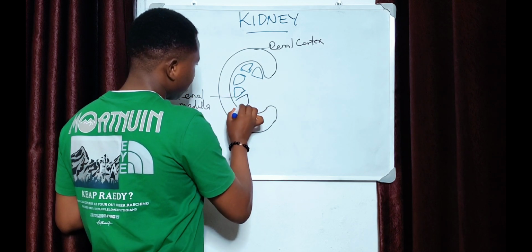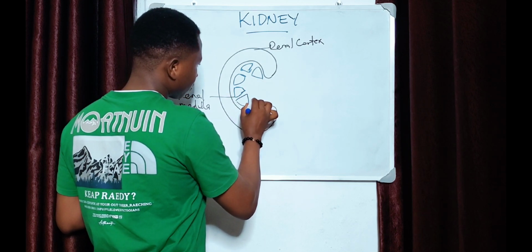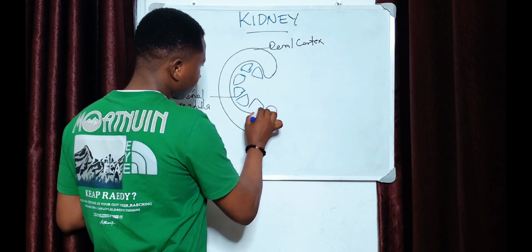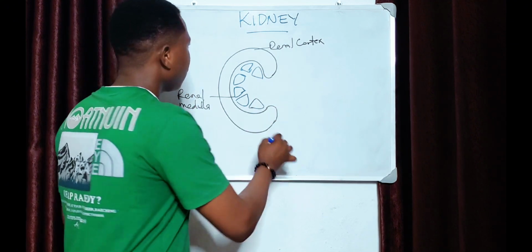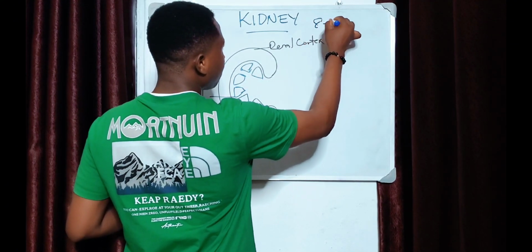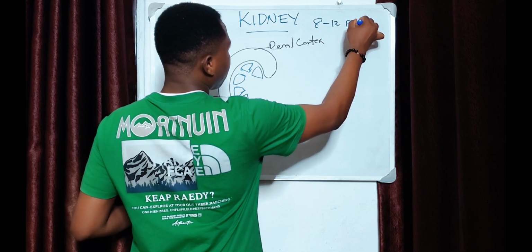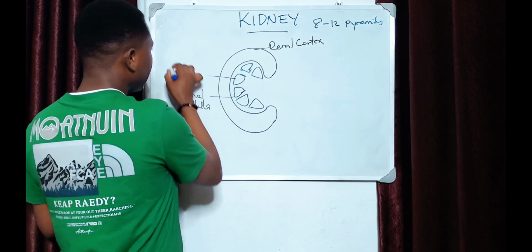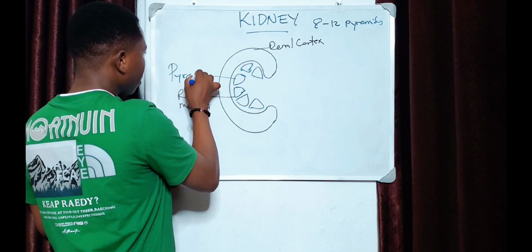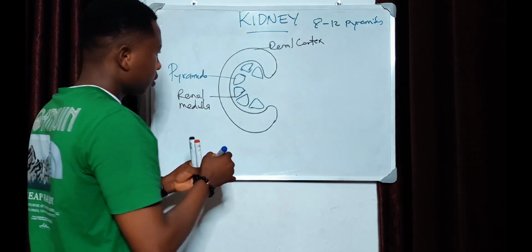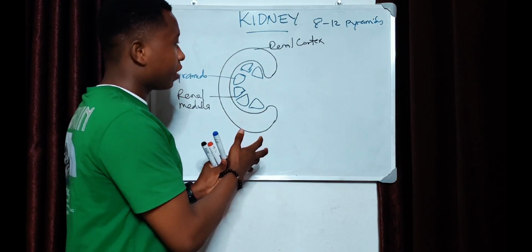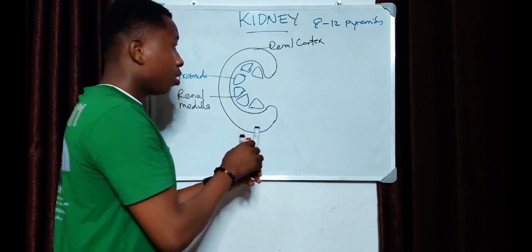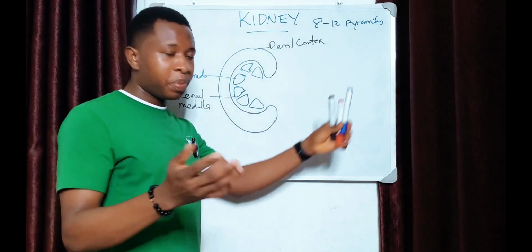And we have between 8 to 12 pyramids. So these are called the pyramids. This is just for the diagram sake. They're not up to 8. But we have from 8 to 12 pyramids.